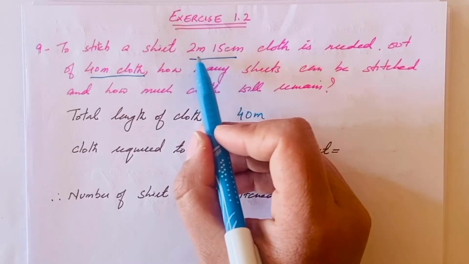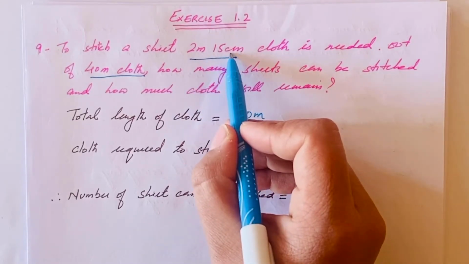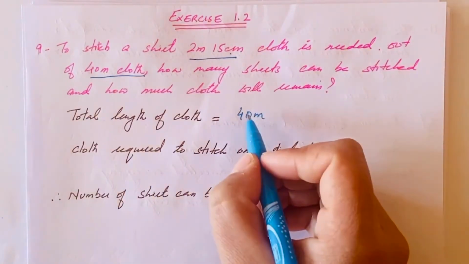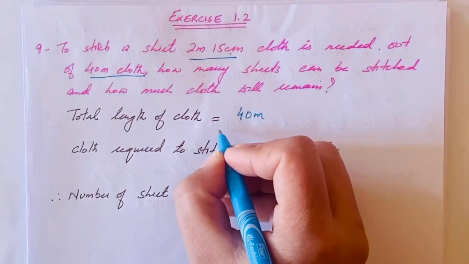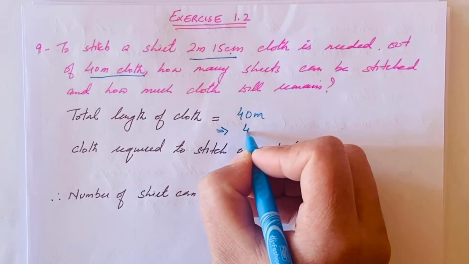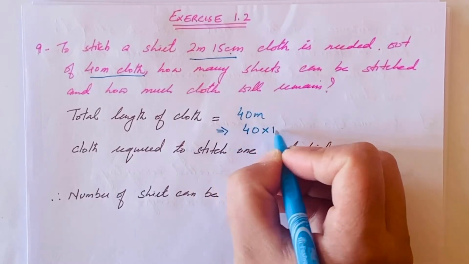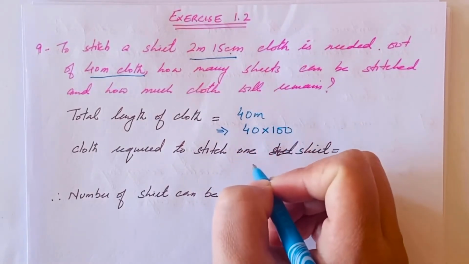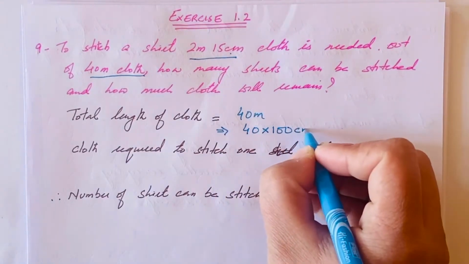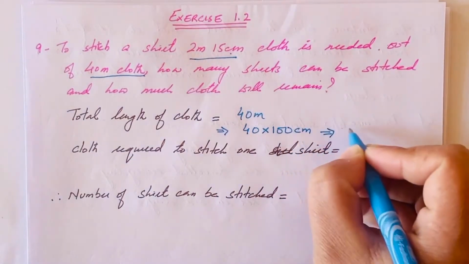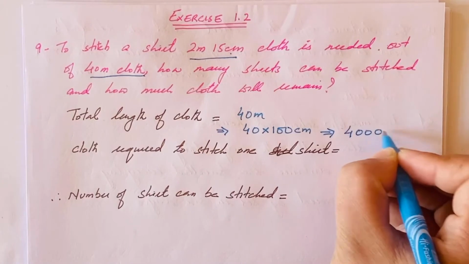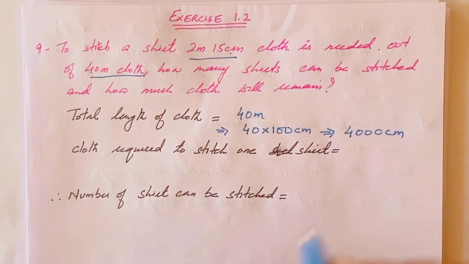We are converting into centimeter. So 40 meter should be multiplied by 100, because in 1 meter there are 100 centimeter. The answer will be 4000 centimeter. The total length of cloth you have is 4000 centimeter.